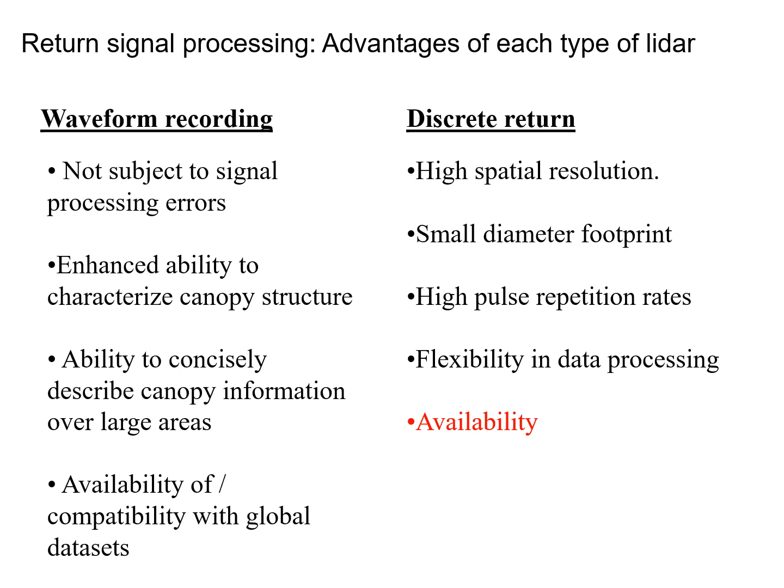Waveform recording systems have been research systems, and discrete return has been commercial systems. Again, that's changing to some degree, but you'd still probably get more discrete return systems that you could purchase data from, or purchase a data collection flight from a commercial vendor.